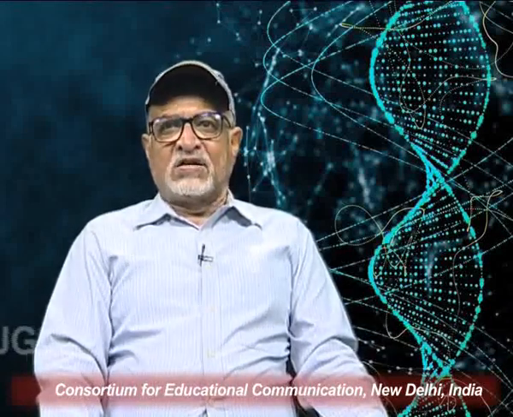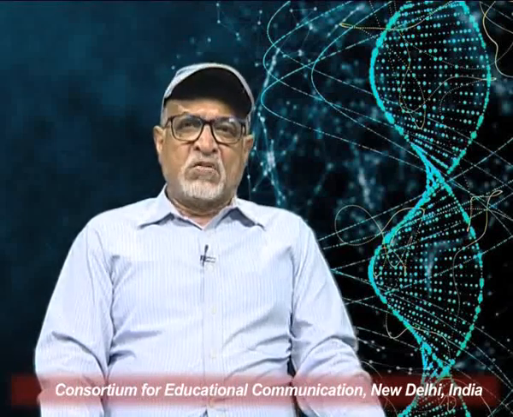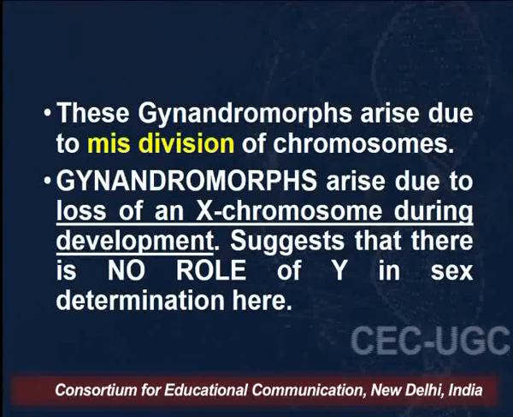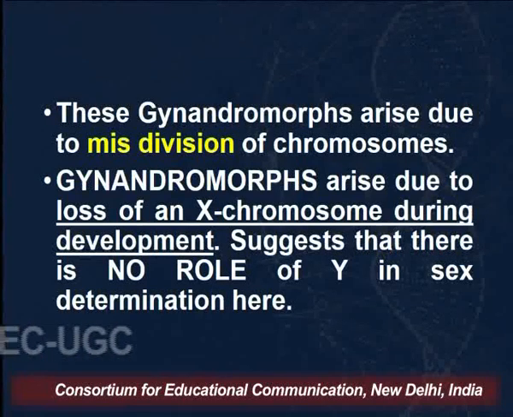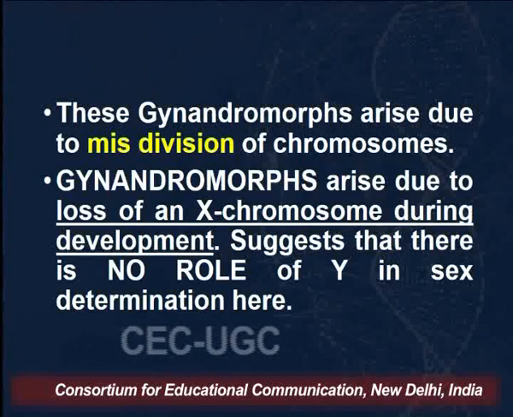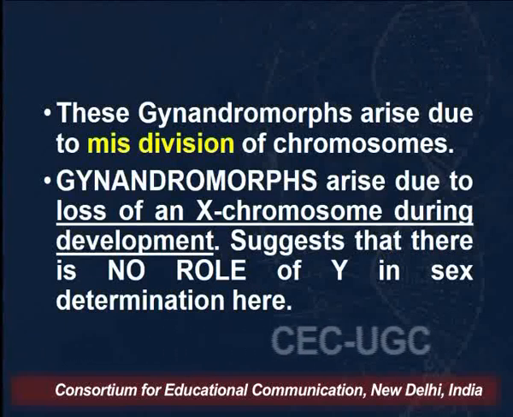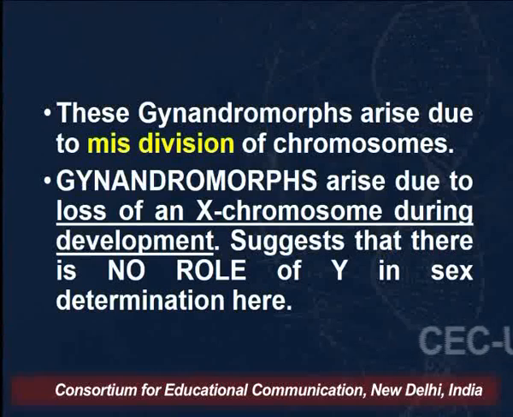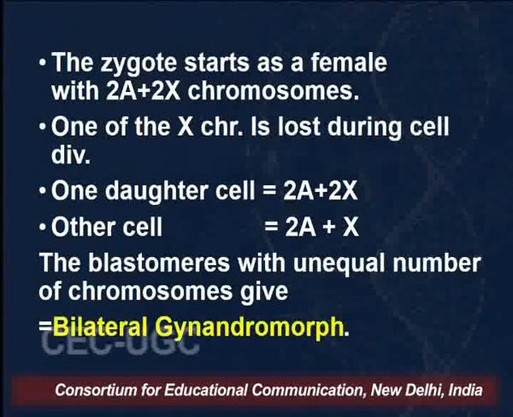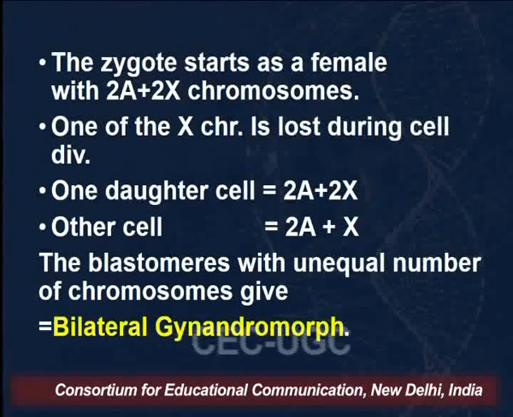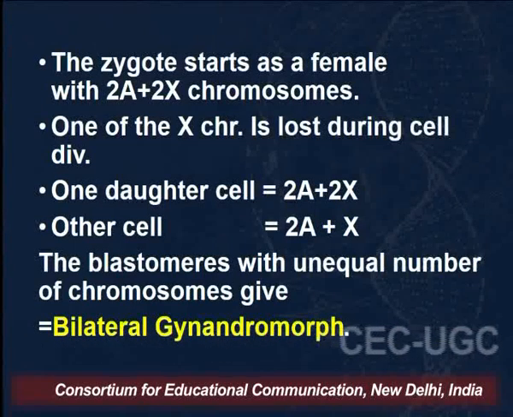Actually, these gynandromorphs arise due to misdivision of the chromosomes. There would be a loss of an X chromosome during development, and again this is an ample proof that Y has no role in sex determination here.